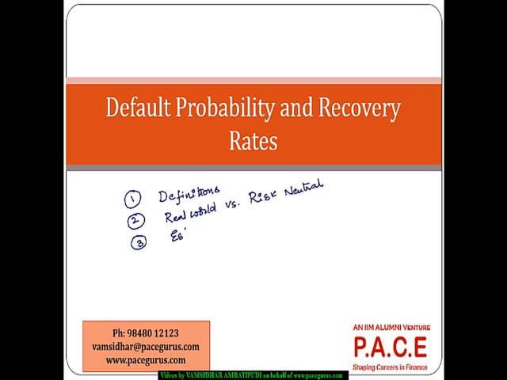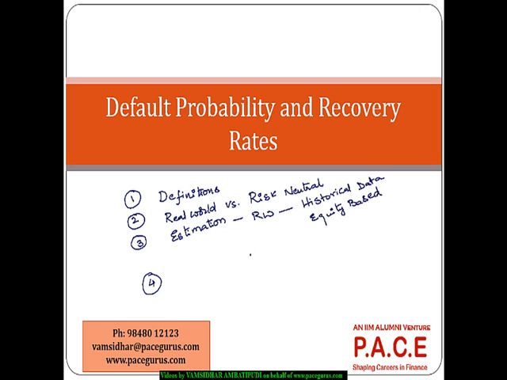Then we are talking about estimation of the real world default probability, where we will talk about estimating it from historical data, and then we'll use an equity based approach like the Merton model to come out with an estimate of the real world default probability.